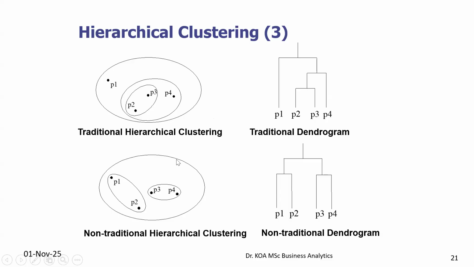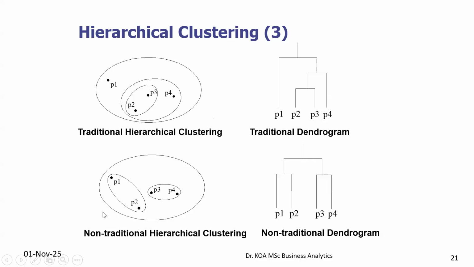When you look here, you can see that this is a non-traditional hierarchical clustering, because it's not going by the original. This is the same data point that you are trying to cluster, with its corresponding non-traditional dendrogram.